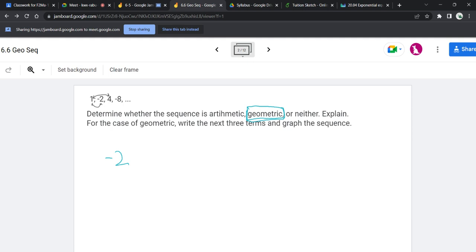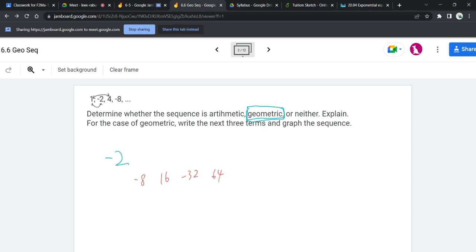Okay, and then the next three terms would be negative. So we have negative 8. So we have positive 16, negative 32, and positive 64.